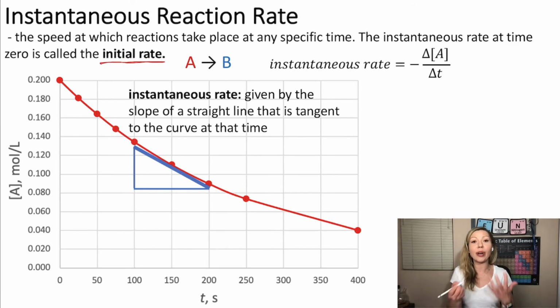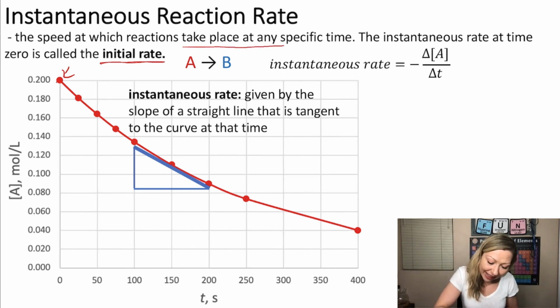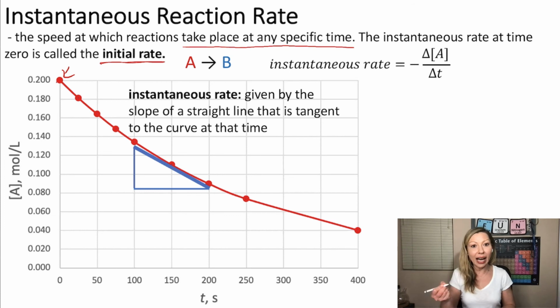And the initial rate is the instantaneous rate at time 0, so right at the beginning of the reaction. Now, how do I figure out the instantaneous rate? That's the rate at which the reaction takes place at a specific time.